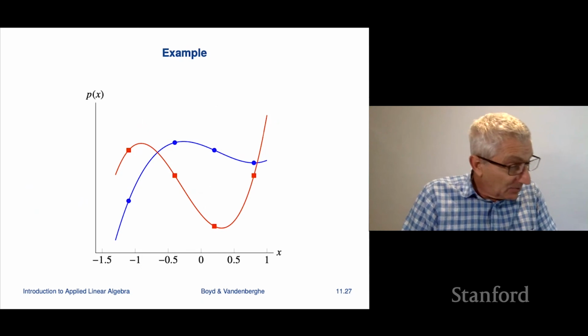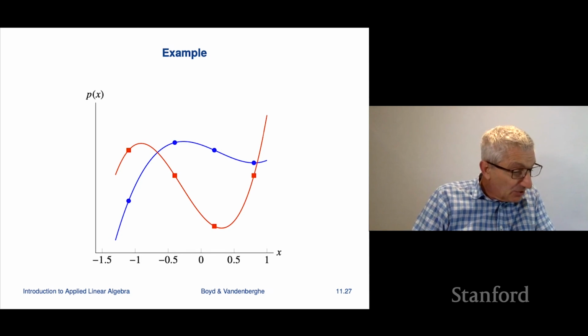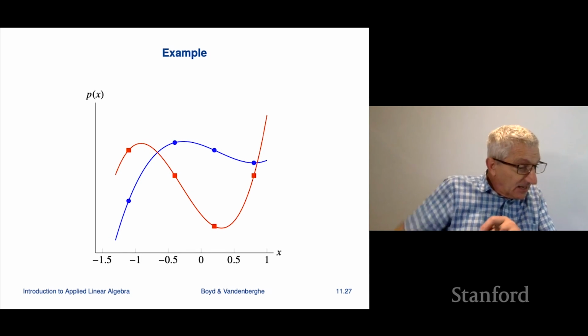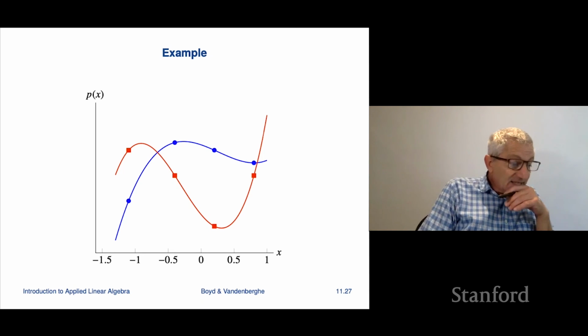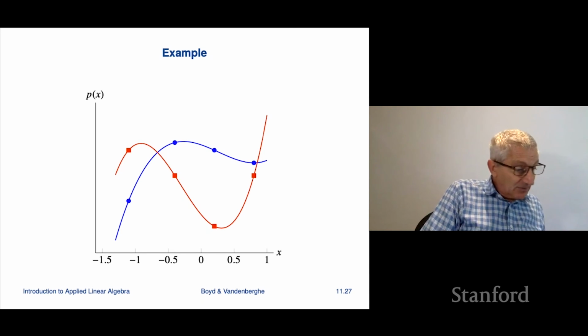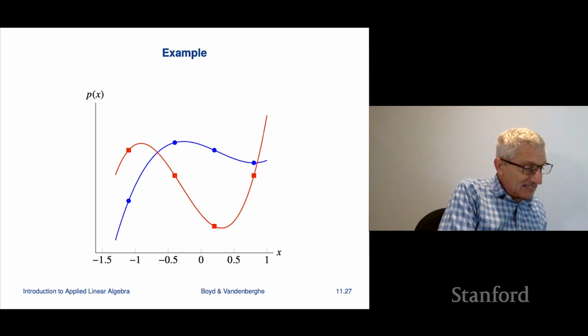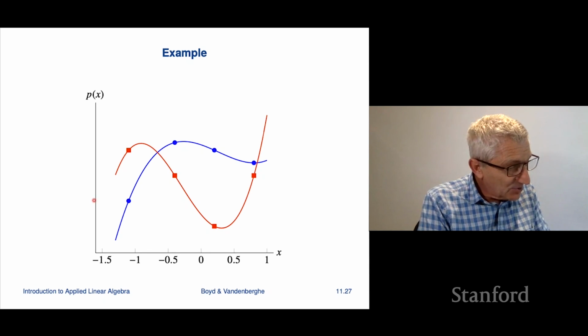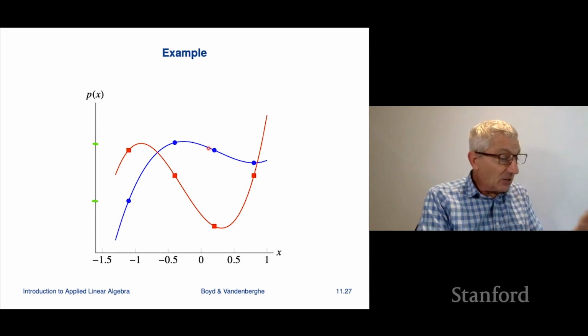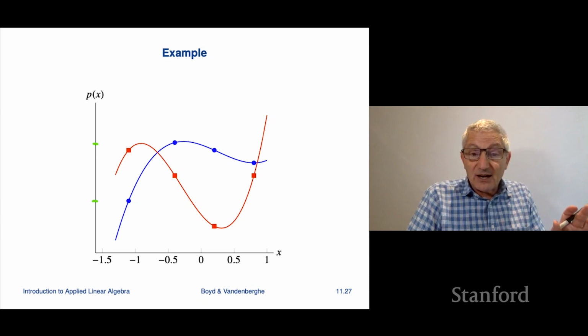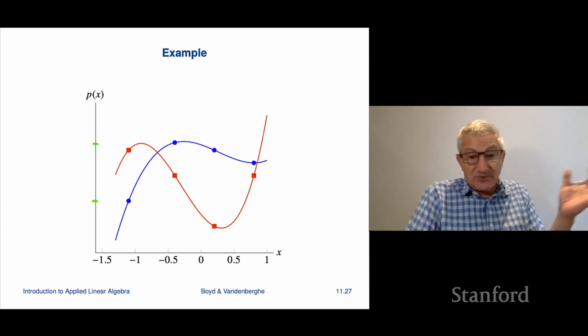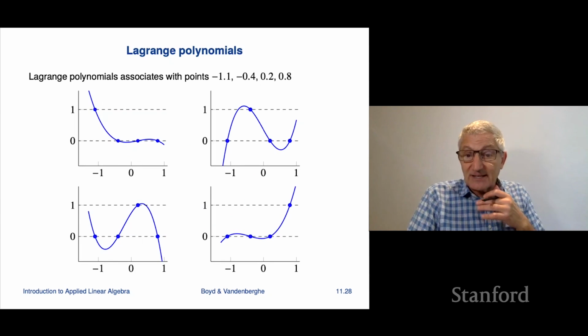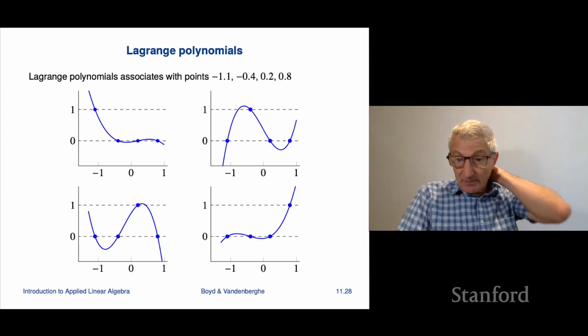Here's an example, and what we're showing is a couple of these. First, this is us solving this for a couple of different cases. If you specify these values, this one, this one, this one, and this one, you'll get the polynomial. It'll go right through those points because we've constructed it that way. Here are the Lagrange polynomials.